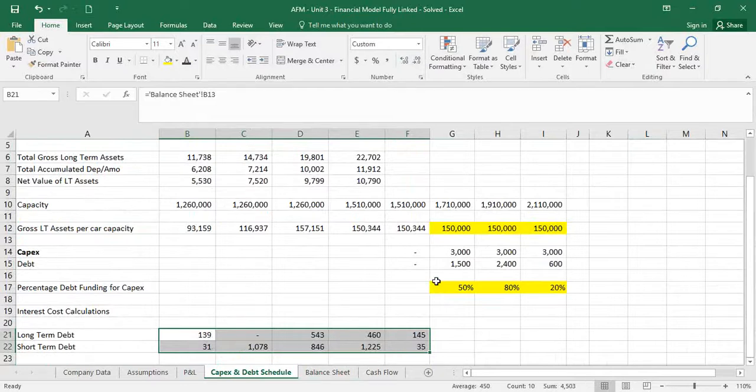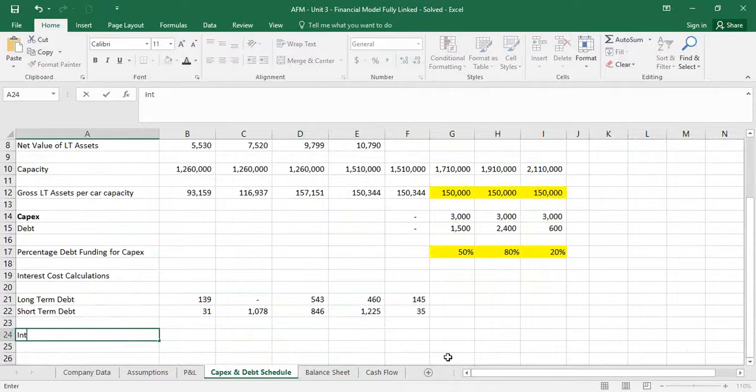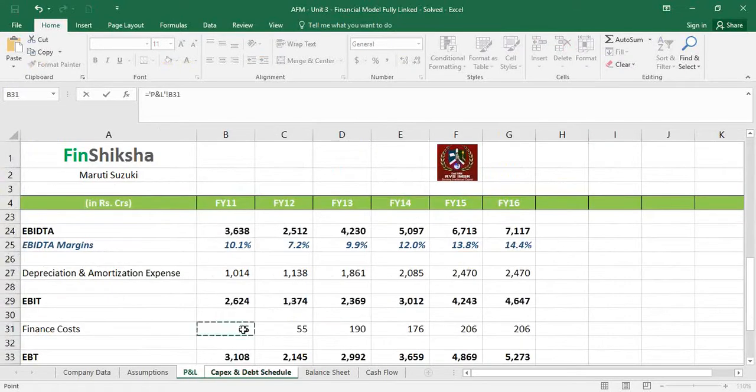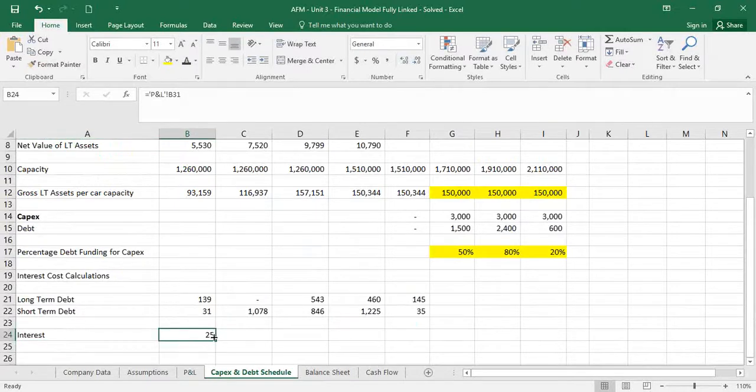It's possible that during the year the company had bigger debt and interest numbers. So how do I know what the interest cost is? What I will also do is bring in the interest calculation from the profit and loss, which is the finance cost. I can bring in the interest here.